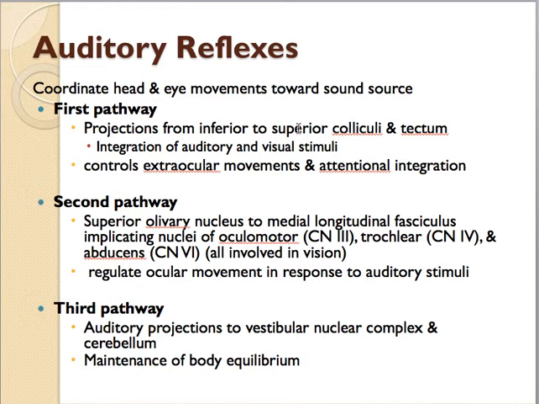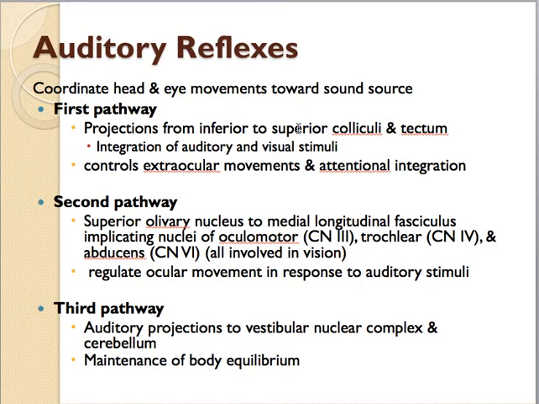Your secondary pathway that plays a role in controlling extraocular movement is the superior olivary nucleus, which is going to project fibers via the medial longitudinal fasciculus that connect to the oculomotor nerve, trochlear nerve, and the abducens, all involved in regulating these extraocular muscles.